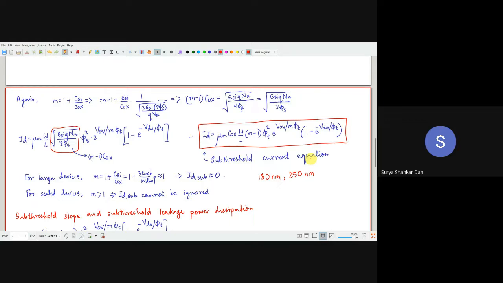No. The reason why other professors, and most textbooks, don't discuss this is because they are dealing with larger technology nodes. That means larger devices. If larger devices, your small m becomes 1, and if you put 1 here, ID will be equal to 0. That's why people say that VGS less than VT means current equal to 0.